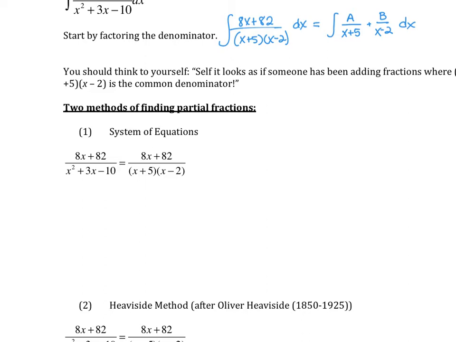So in this, we are going to rewrite this using the two partial fractions. A times x plus 5 plus b times x plus 2. That was a minus 2, sorry. Now, what we're going to do to simplify this is multiply every term by the common denominator.